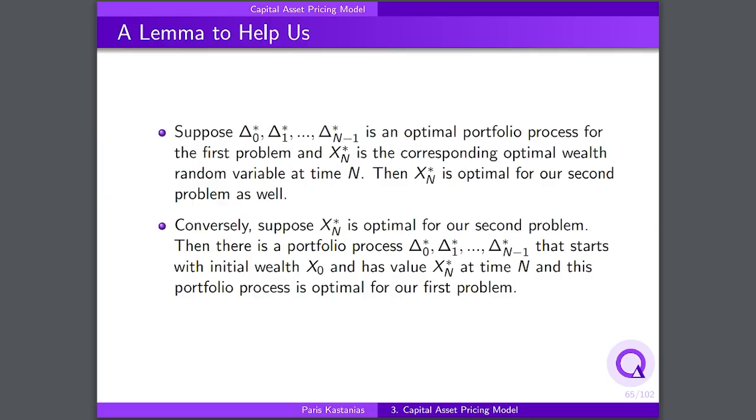Then xn with the little asterisk on top is optimal for our second problem as well. Conversely, suppose that xn is optimal for our second problem, then there is a portfolio process that starts with initial wealth x and has value xn star on top at time n, and this portfolio process is optimal for our first problem.